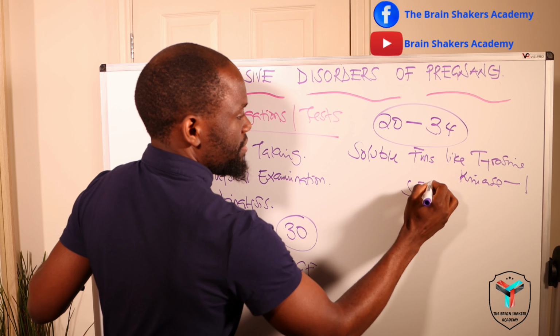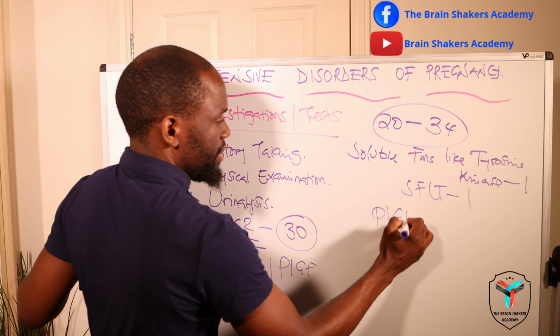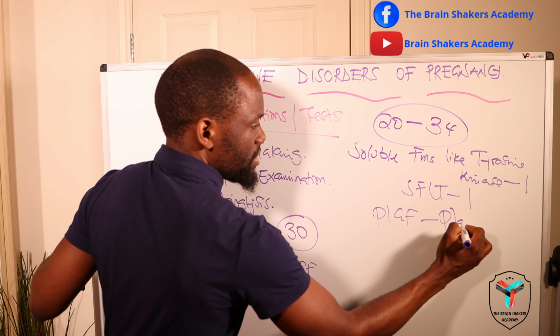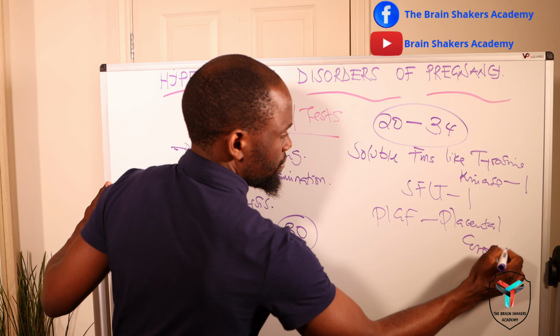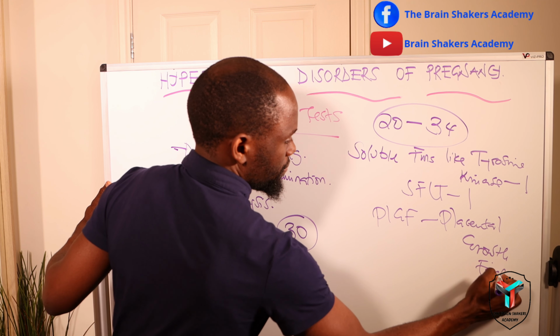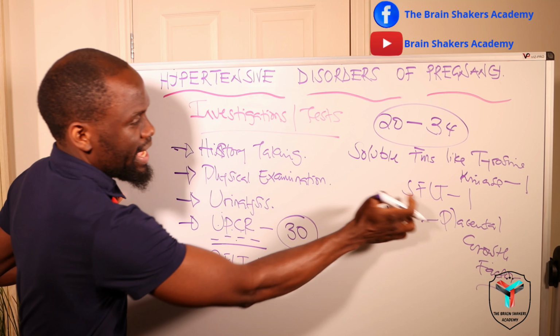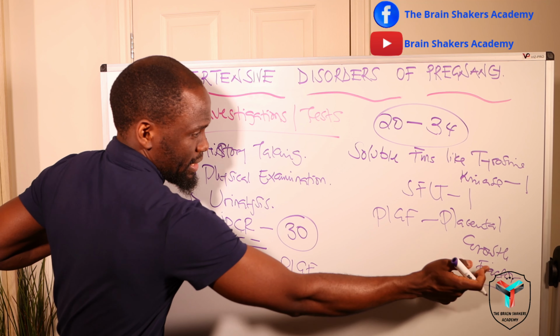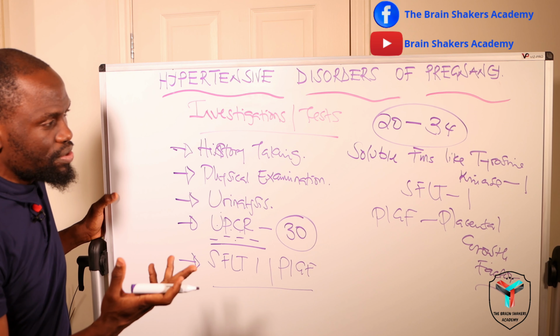That is what the SFLT1 is. And then the PLGF here is just a placental growth factor. So with this SFLT1 and the placental growth factor, you can actually evaluate what the ratios are.